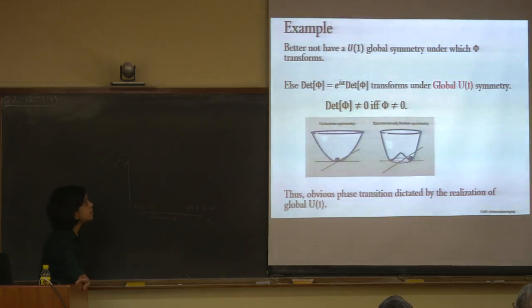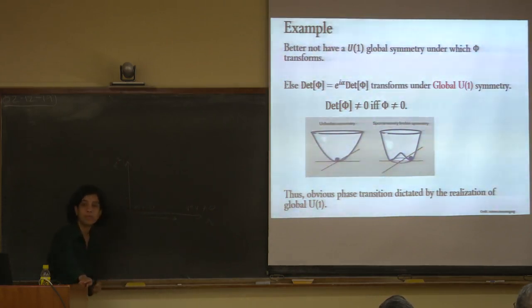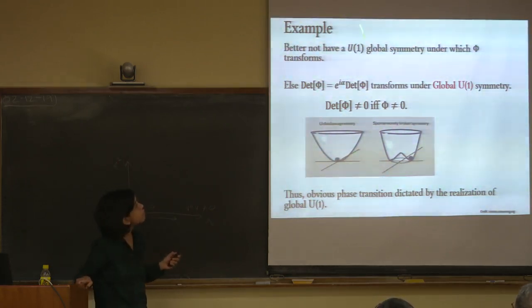However, there is a little more of a catch here, and this is what Fradkin and Shenker ensured while proving what they proved: you better not have a U(1) global symmetry under which the phi fields transform. These phi's, the entries are complex valued fields, and you wouldn't want them to transform under this symmetry.